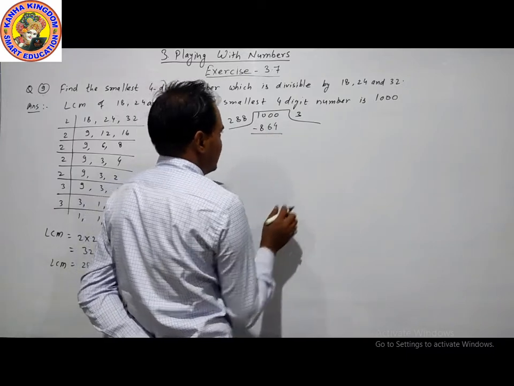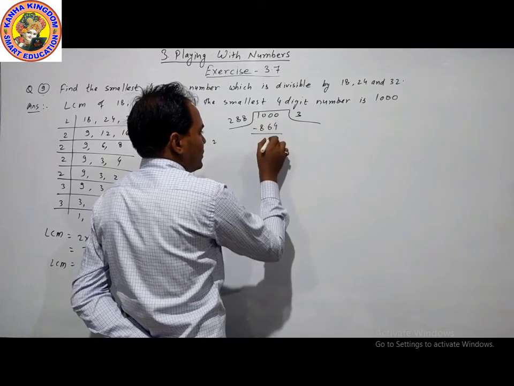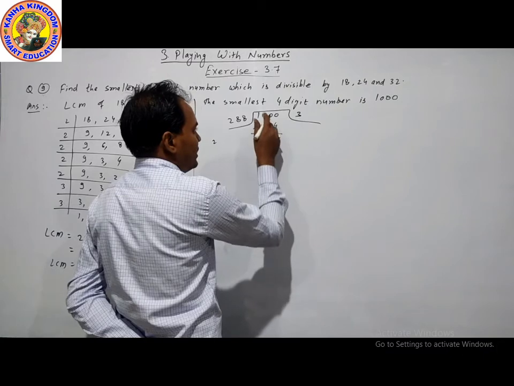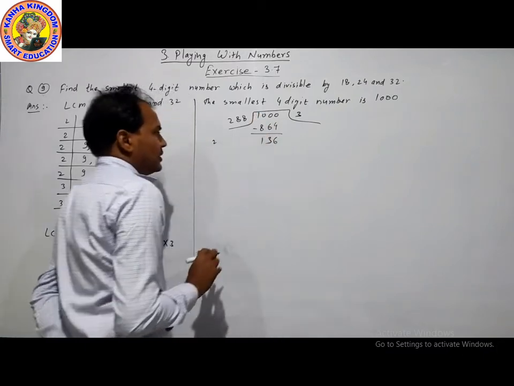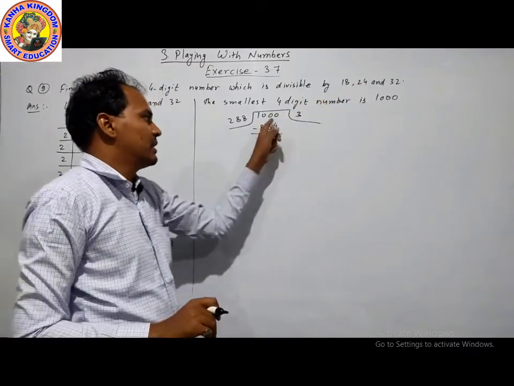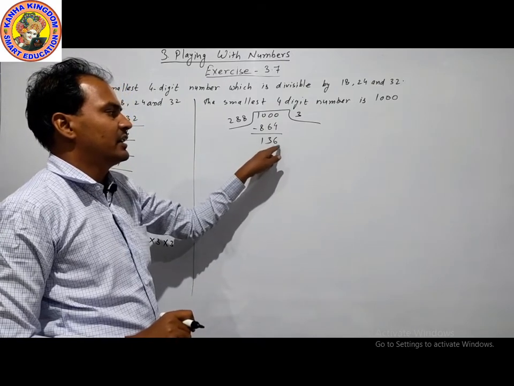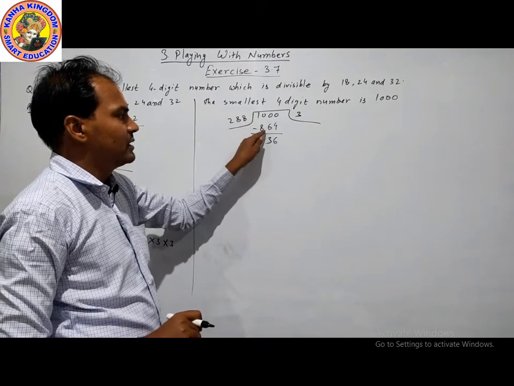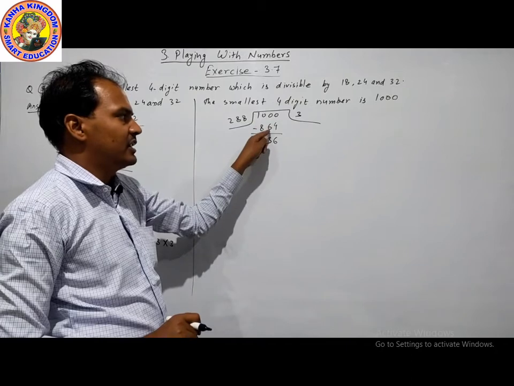Subtracting: 9 minus 6, 3 and 9 minus 8, 1. When we divide by this number, the remainder is 136.